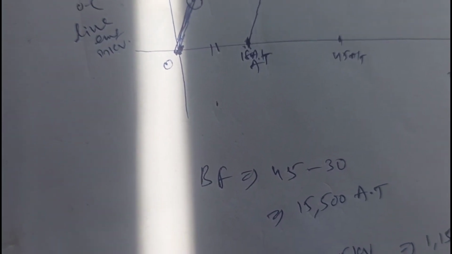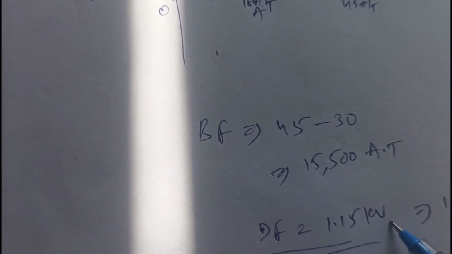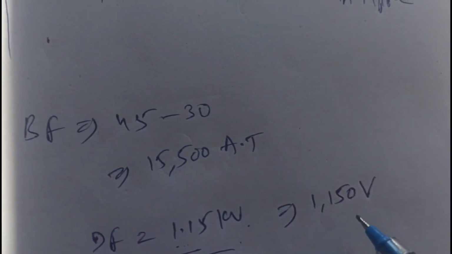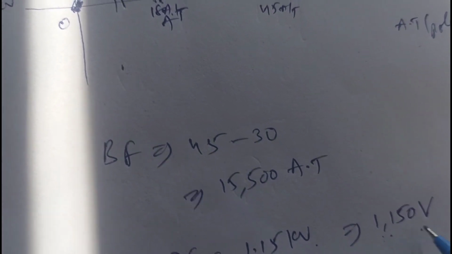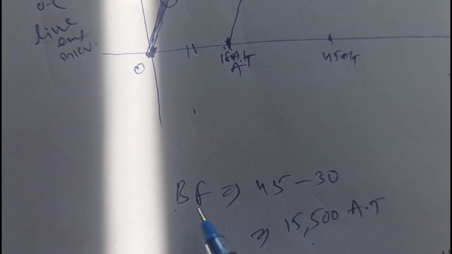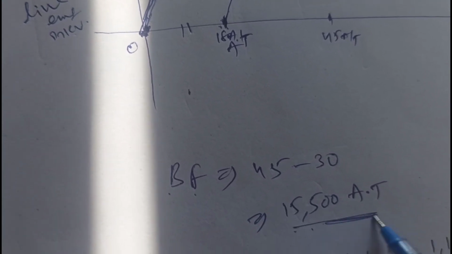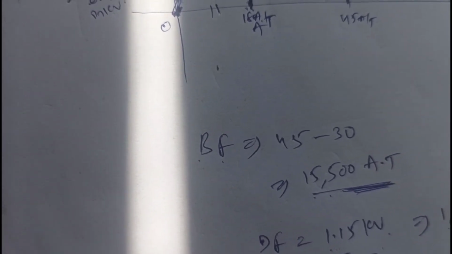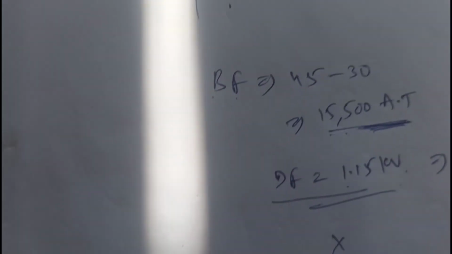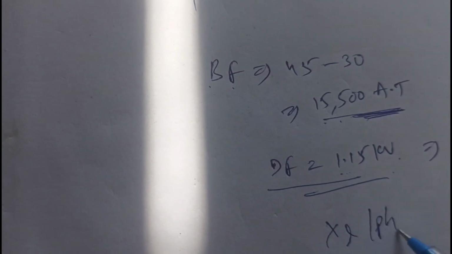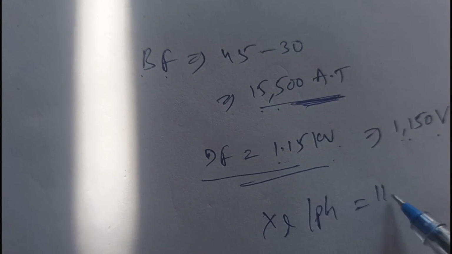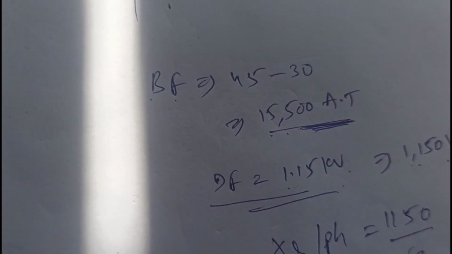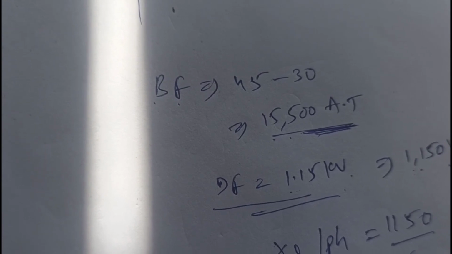From the graph, the armature reactance drop is 1.15 kilovolts, that is 1150 volts, and from the B and F points you got 15,500 ampere turns. Next, this is called the leakage reactance drop. So the leakage reactance drop per phase is 1150 by root 3, so you got 663.95 volts.